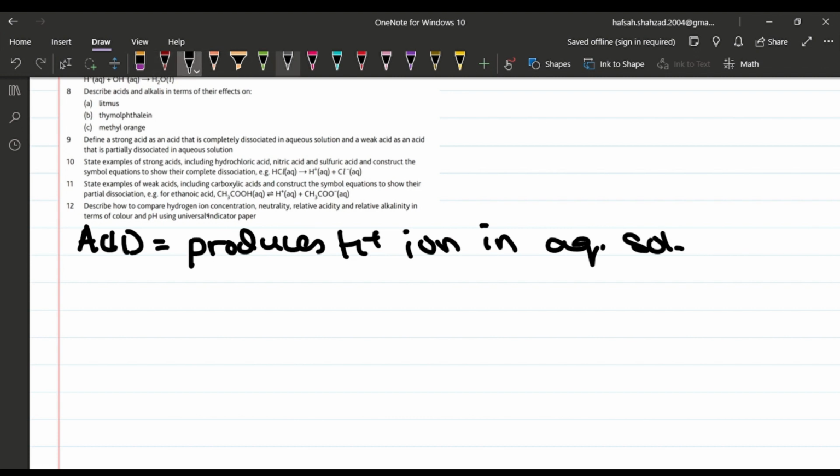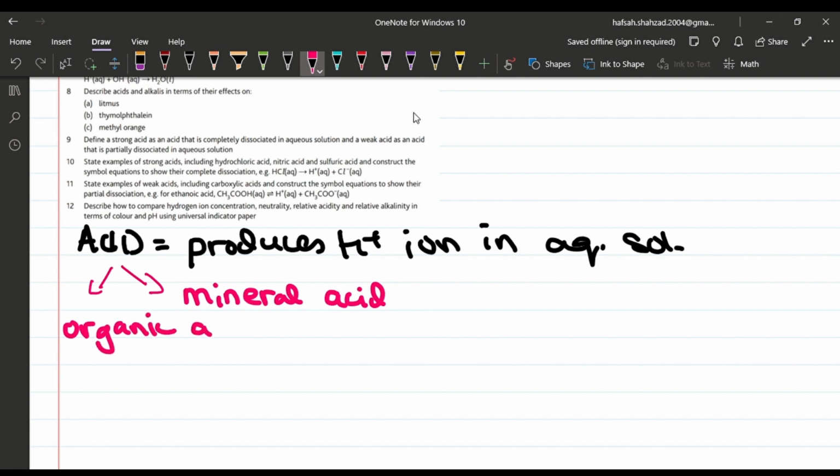Now we have types of acids. We have mineral acids, and then we have organic acids. Organic is a class of compounds.